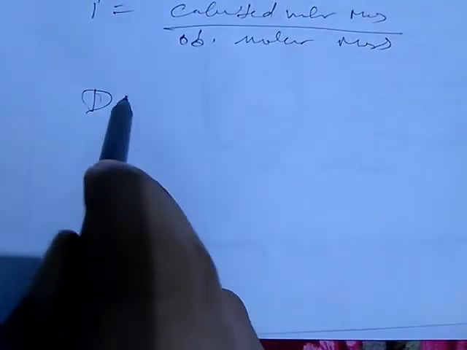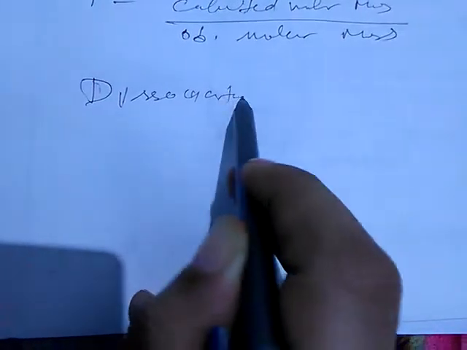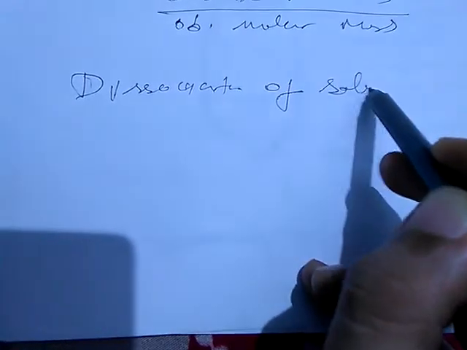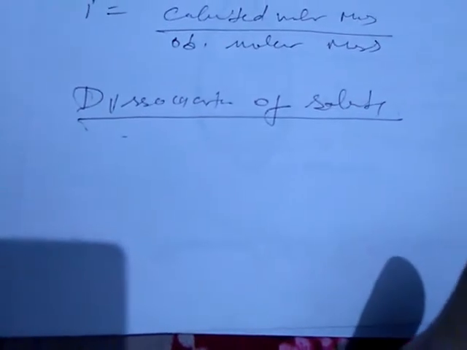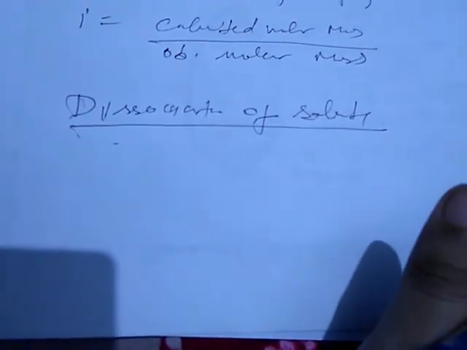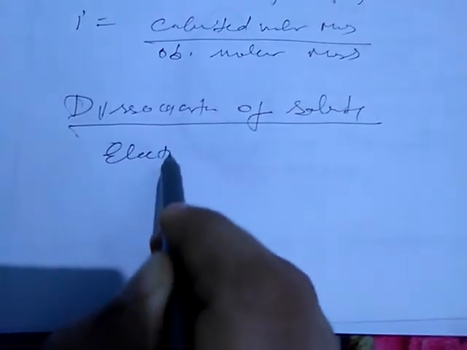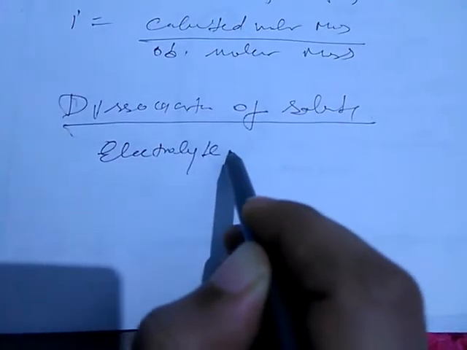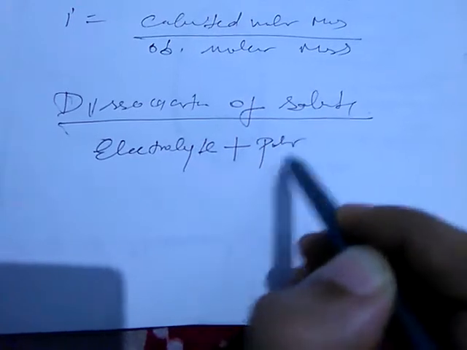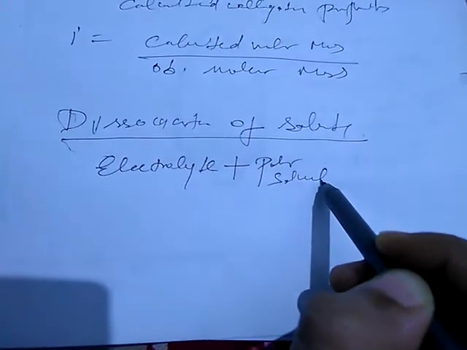Now let's see the case of dissociation of solute. We will start with the case of dissociation of solute. In the case of dissociation of solute, the number of solute particles would increase. Mostly the electrolytes, when they are placed in a polar solvent, what would happen?